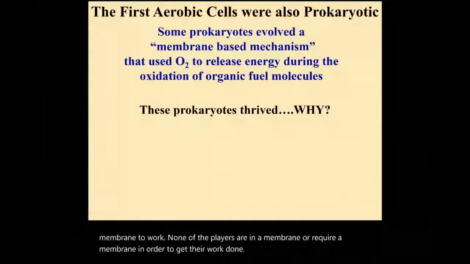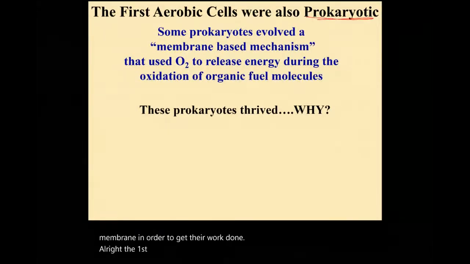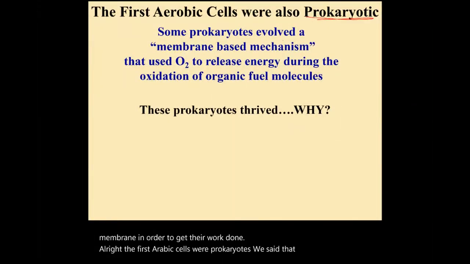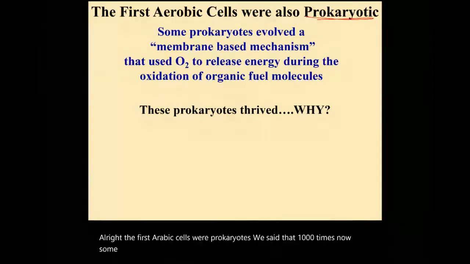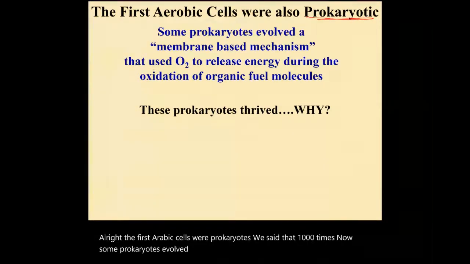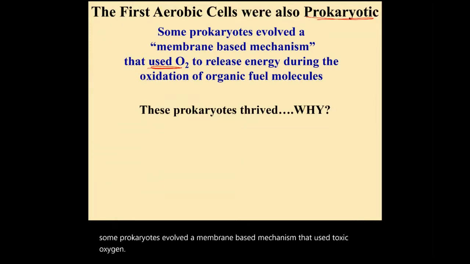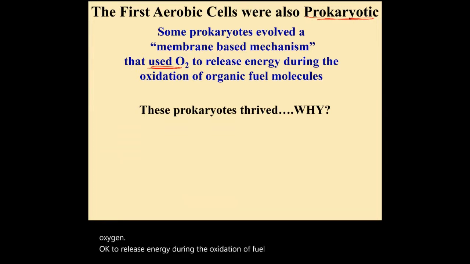All right, the first aerobic cells were prokaryotes. We said that 1,000 times now. Some prokaryotes evolved a membrane-based mechanism that used toxic oxygen to release energy during the oxidation of fuel molecules. And these prokaryotes thrived, right?